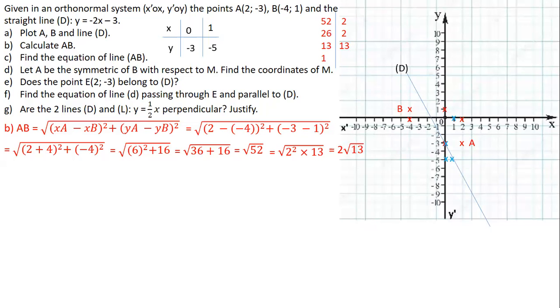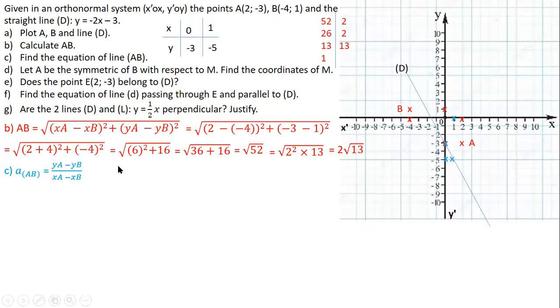It's YA minus YB over XA minus XB. Yes, so the slope of AB is YA minus YB over XA minus XB. Now we replace YA by -3, YB by 1, XA by 2, and XB by -4, of course between parentheses.